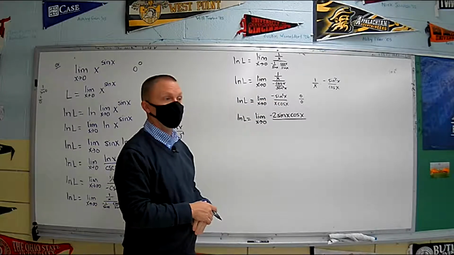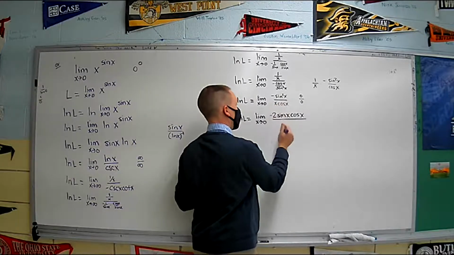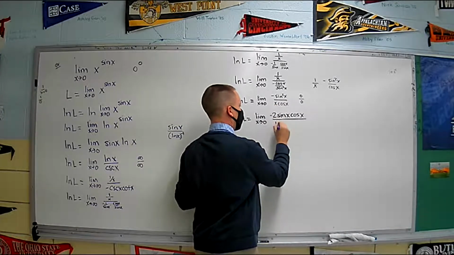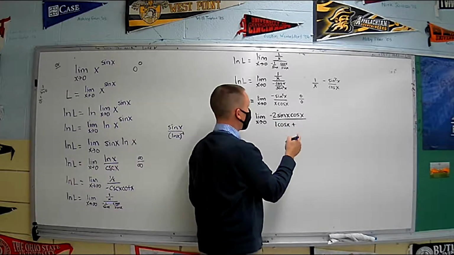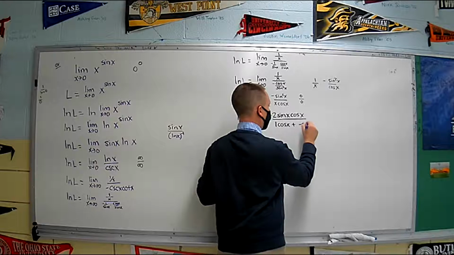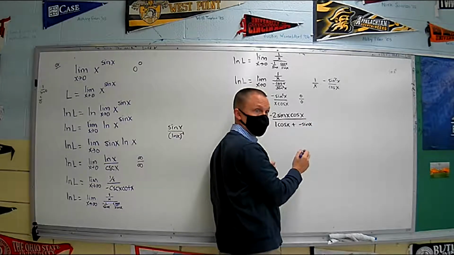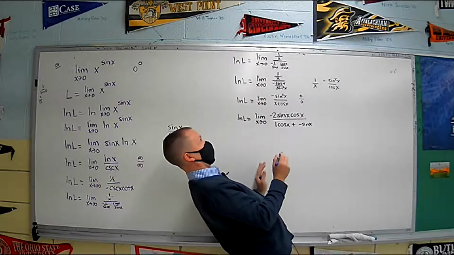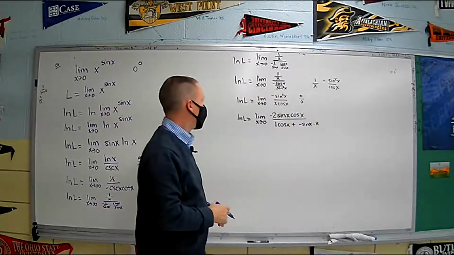All right, the denominator. Can we take the derivative of that? The derivative of the first, 1, times the second, cosine x, plus the derivative of the second, negative sine of x, times the first, which is x. Okey dokey.